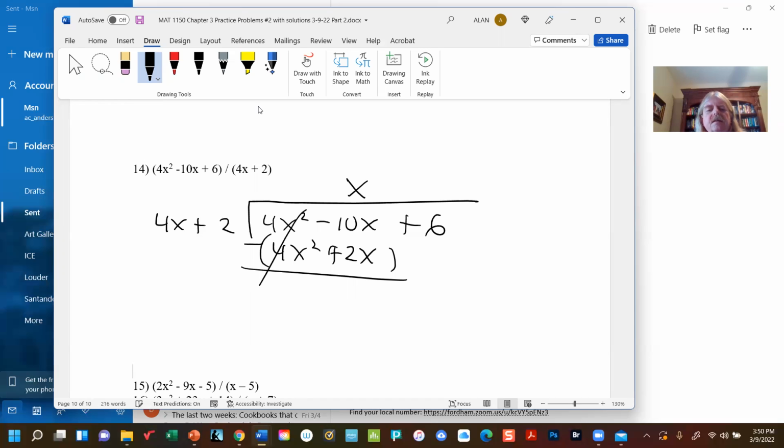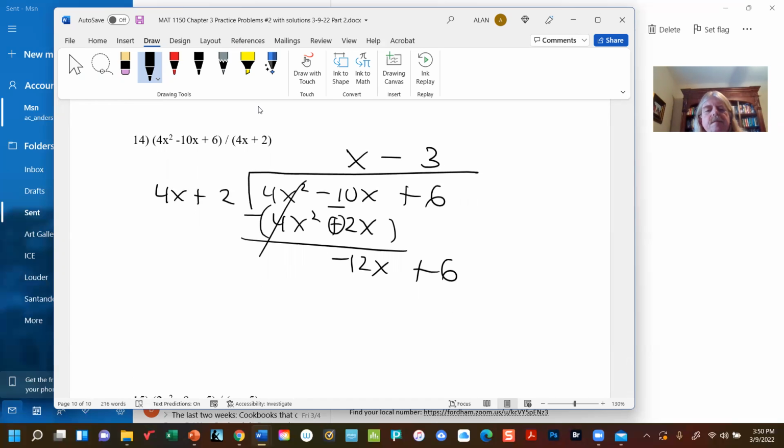It becomes negative. And now I'll want minus 3, because that would give me minus 12x minus 6. Subtract, this is now positive, this is positive. So I end up with a 12 here.